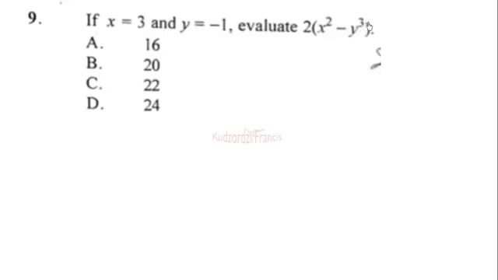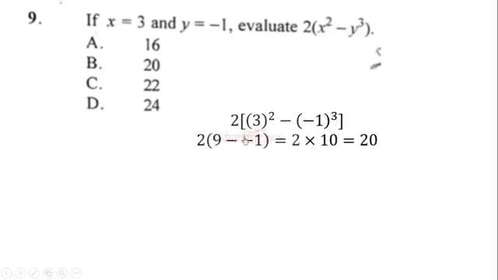We just have to substitute into the expression x equal 3 and y equal -1. When we simplify this, we get 3 squared is 9, negative is already here, so minus -1. That will give you 9 plus 1, which is 10. 2 times 10 is 20. So the correct answer is 20.